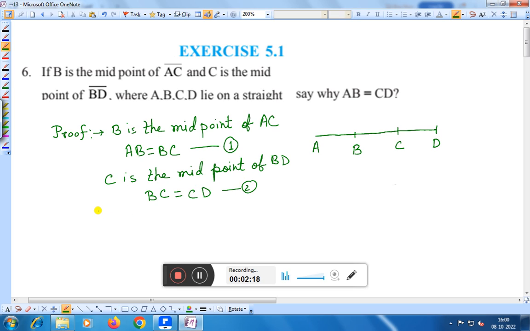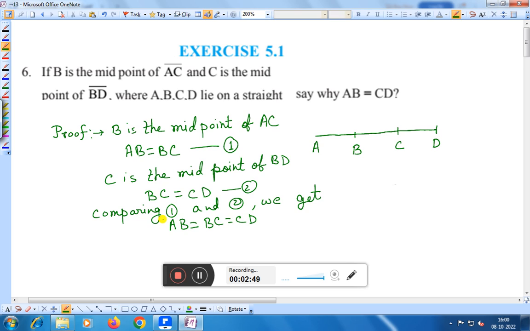Now, comparing 1 and 2, we get AB equal to BC is equal to CD, right?